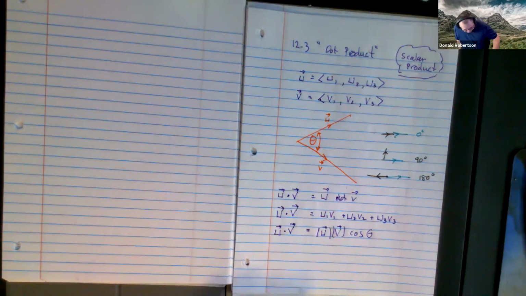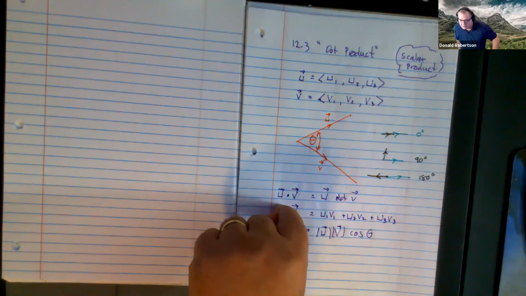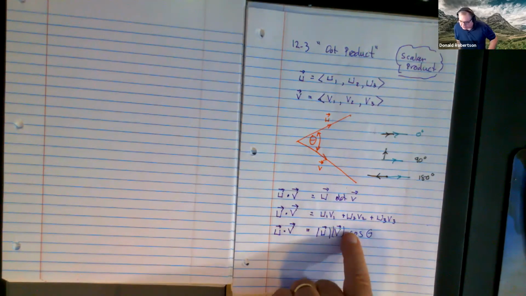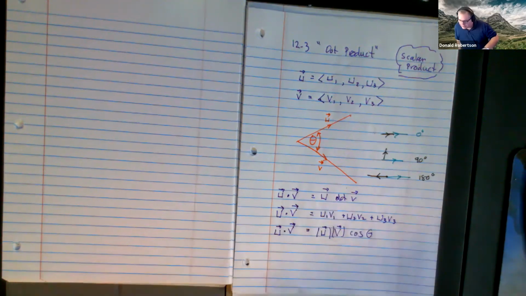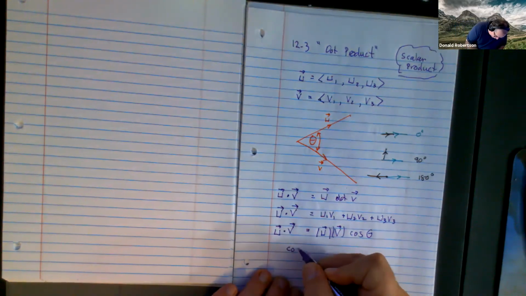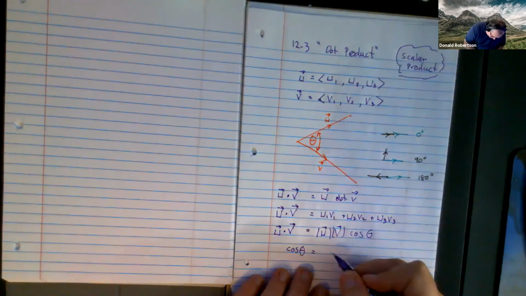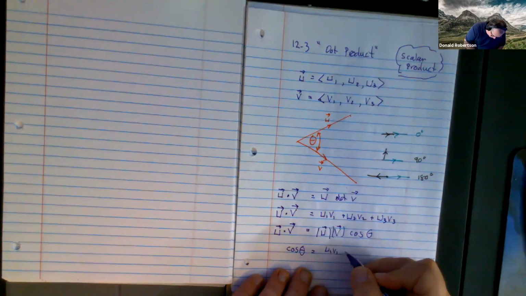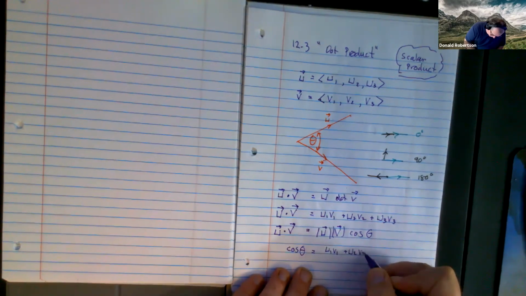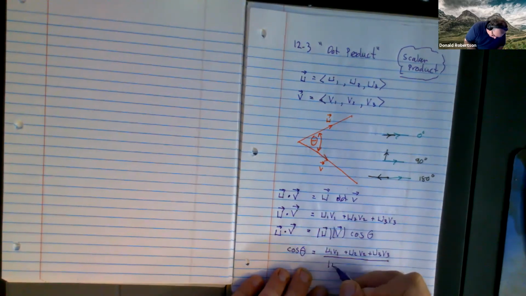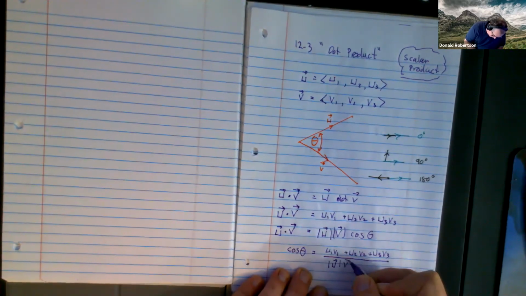Now, if you take this formula and that formula and make one equal to the other, can't you rearrange and get that the cosine of theta is equal to U1 V1 plus U2 V2 plus U3 V3 divided by the magnitude of U times the magnitude of V?